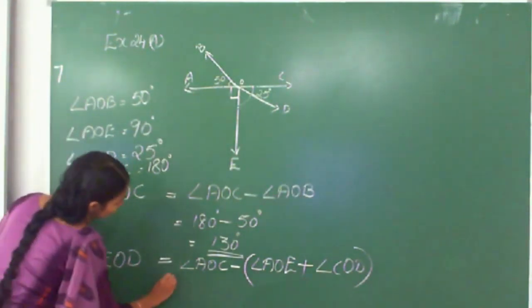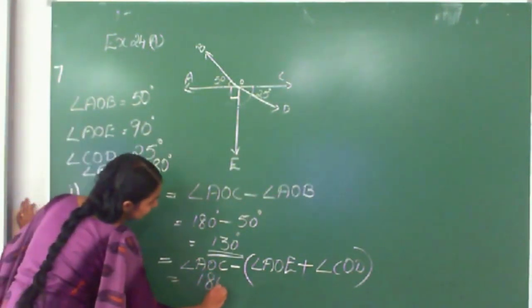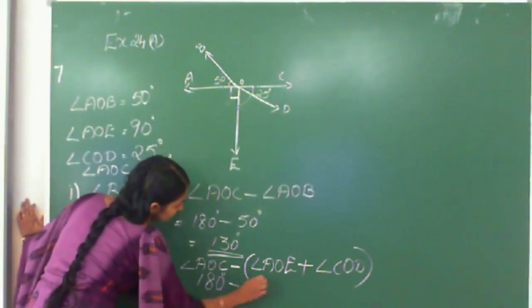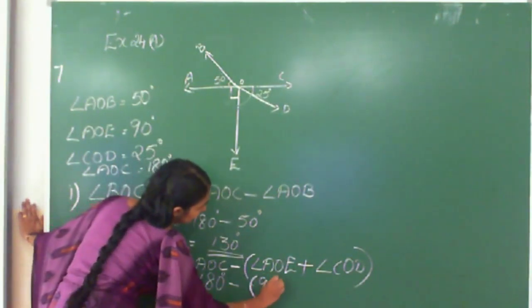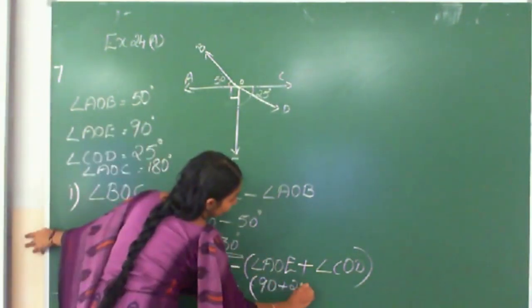Which is equal to, the total is 180 degrees minus (90 plus 25).